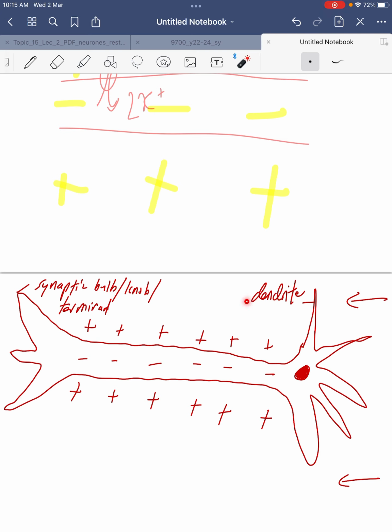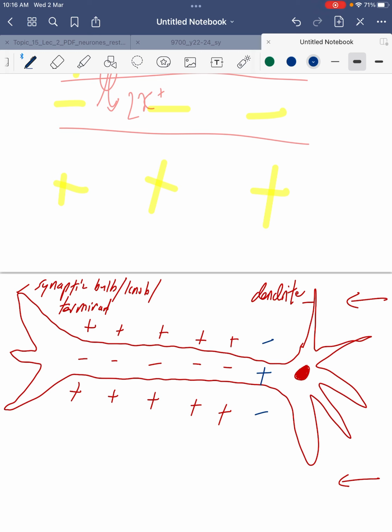The arrival of the nerve impulse is from the previous motor neuron, and so it will synapse in this part here in the dendrites, and then an action potential will occur here. So if an action potential occurs here, now this one becomes positive, negative, negative.